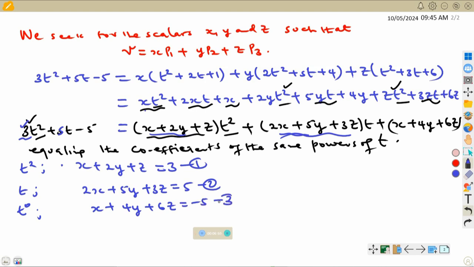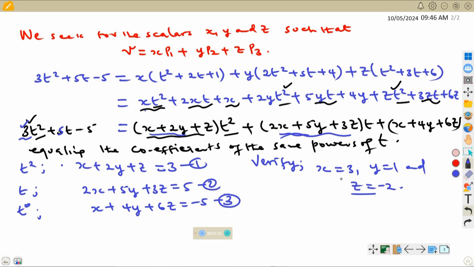This will be equation number 3. So you have 3 equations and 3 unknowns. You can easily solve these equations and verify that your x will be 3, your y will be 1, and your z will be negative 2. So solve these equations here and verify that this is true.